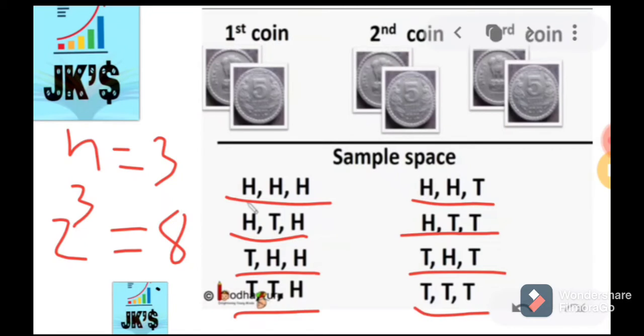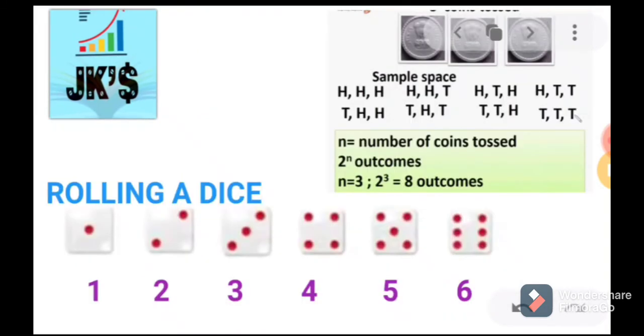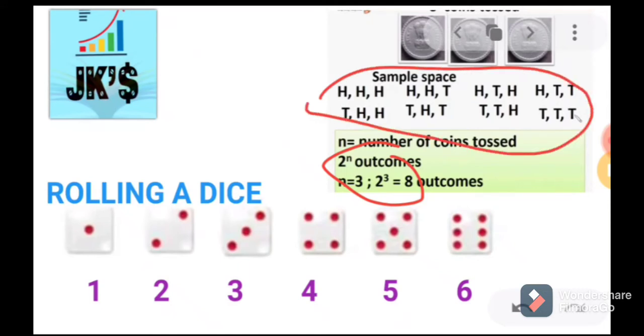These are our outcomes while tossing 3 coins simultaneously.